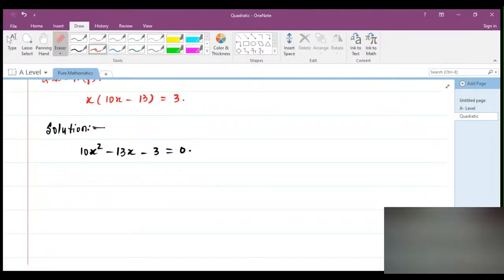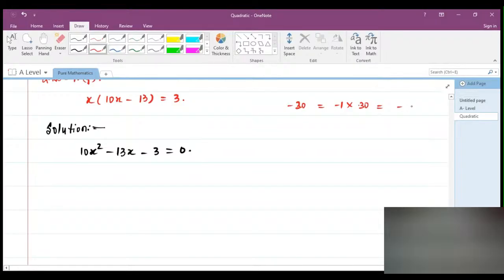So here multiplication will be minus 30. So we write down minus 30. So minus 1 into 30, then we get what?